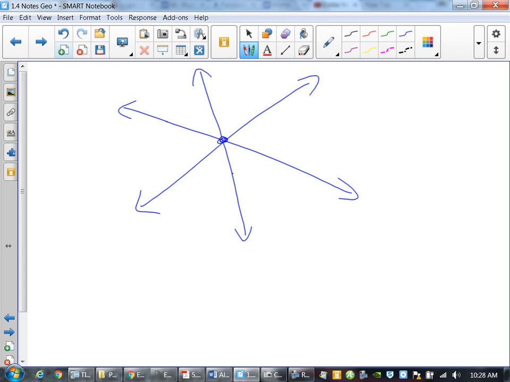Let's say this is point B again. We'll say this is A, C, D, E, F, G.